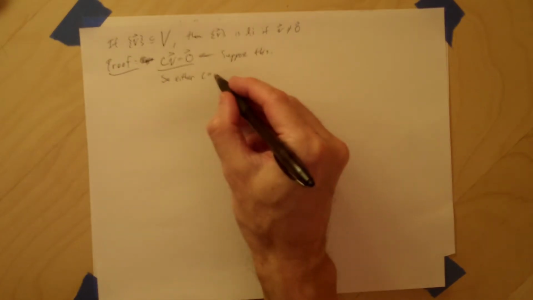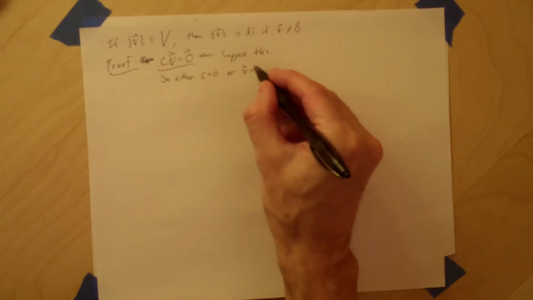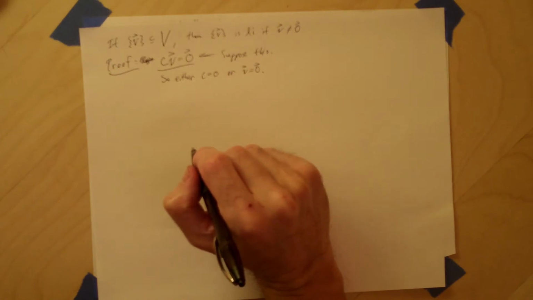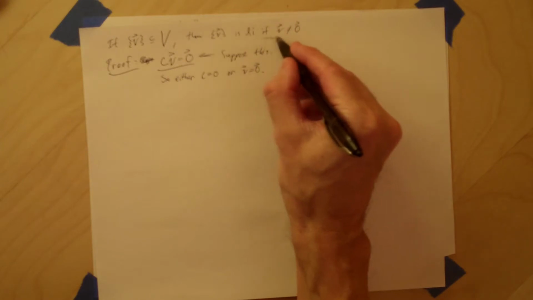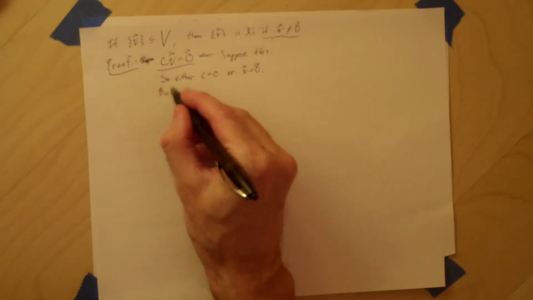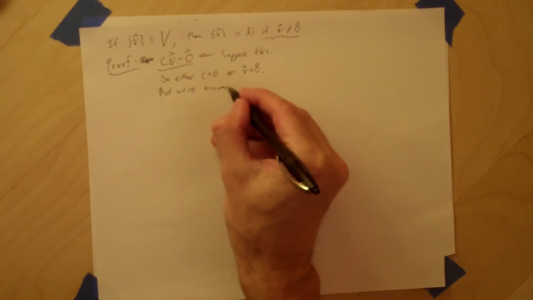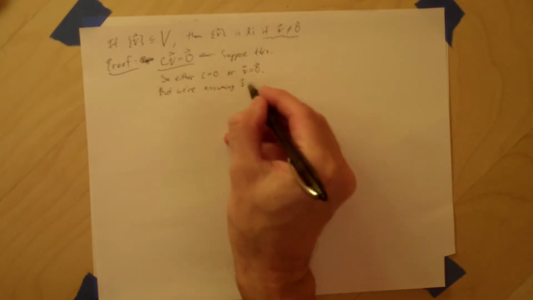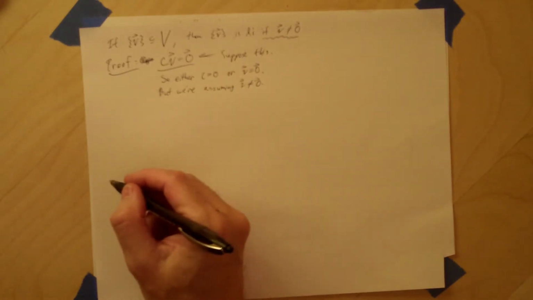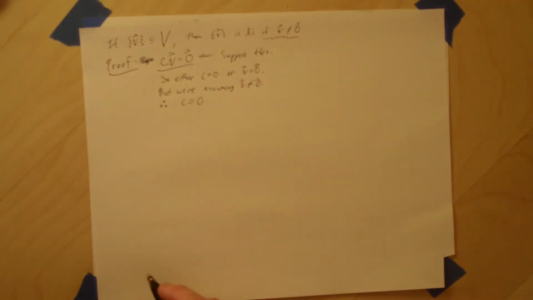So either the number c is 0 or the vector v is the zero vector. But we're assuming that v is not the zero vector. Therefore, we must have c as 0. Pretty cheap. Not much going on there, right?